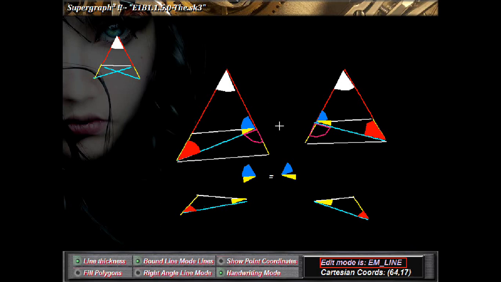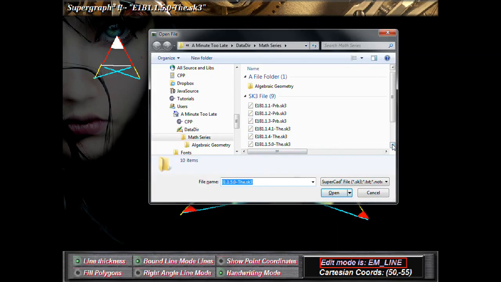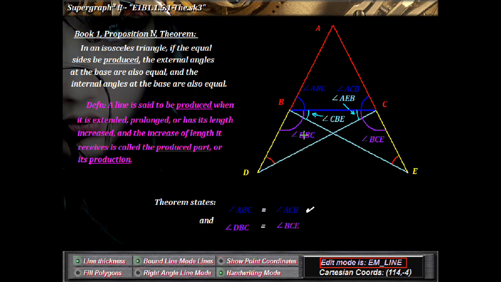And so that means that for the left one and the right one, the sum of these two, which is called the exterior angle, is the same. So we've now established the last bit, and I'll save this. The last bit of the theorem, that these angles are the same. These are the same, and these are the same.